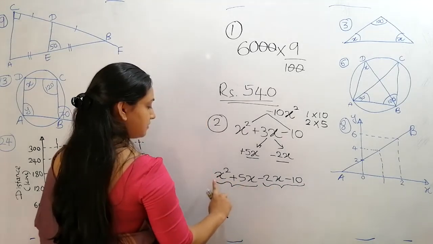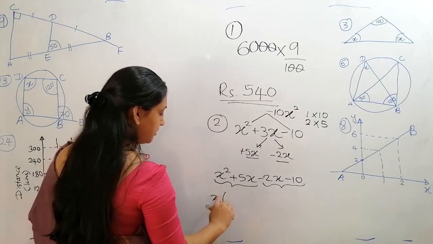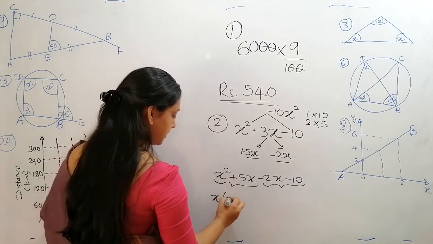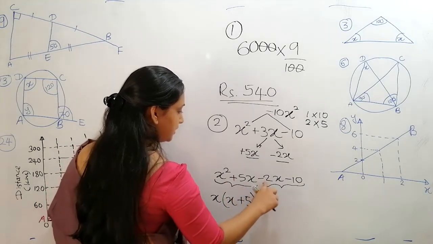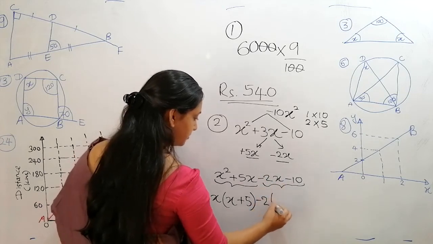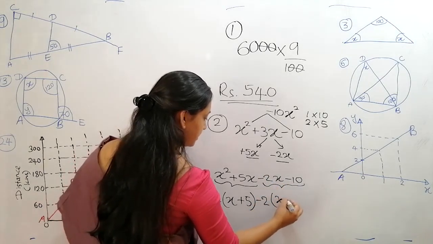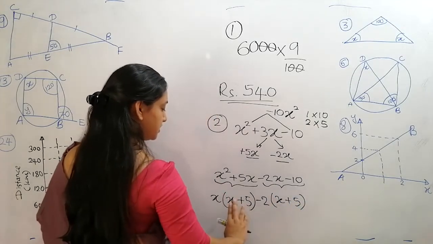In the first pair, x is common here. Then take it out of the bracket. Here remains x plus 5. Here minus 2 is common. Take it out of the bracket. x plus 5 remains. Then there are another two terms.